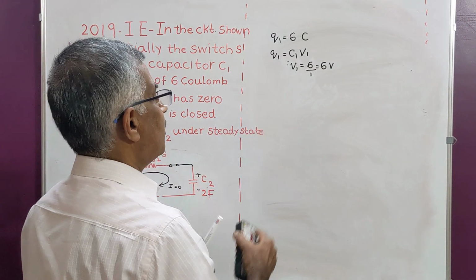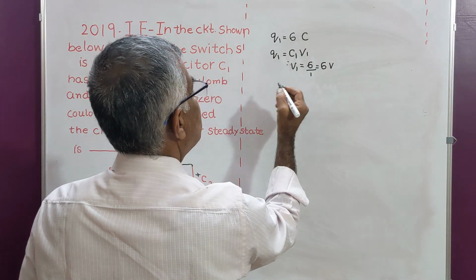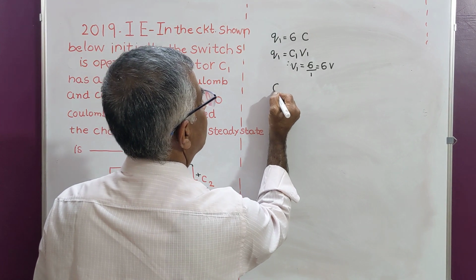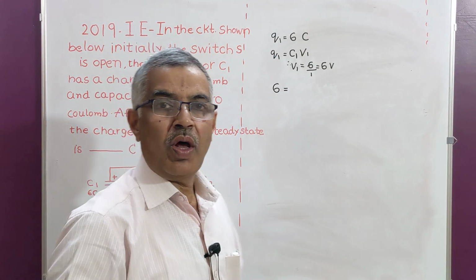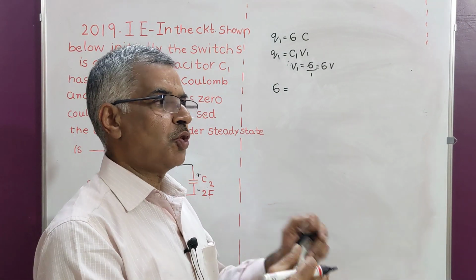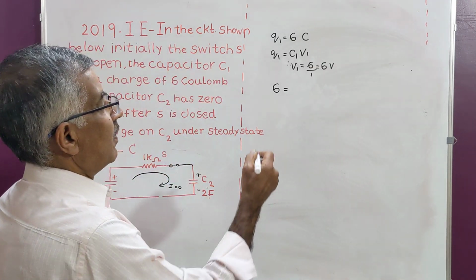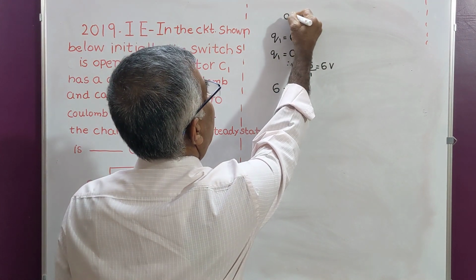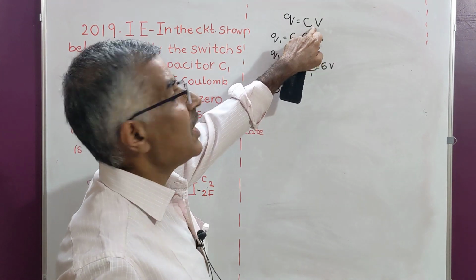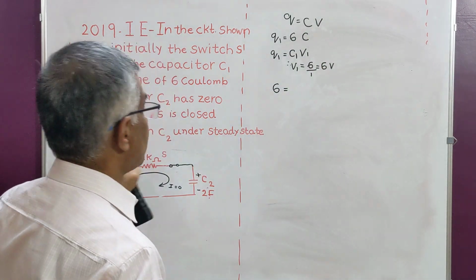Now first what I will do is, 6 coulombs is the charge in the system. Now I will assume that the voltage in the system becomes V. Q equal to CV, where C is the equivalent capacitance of the circuit and V is the net voltage in the system.